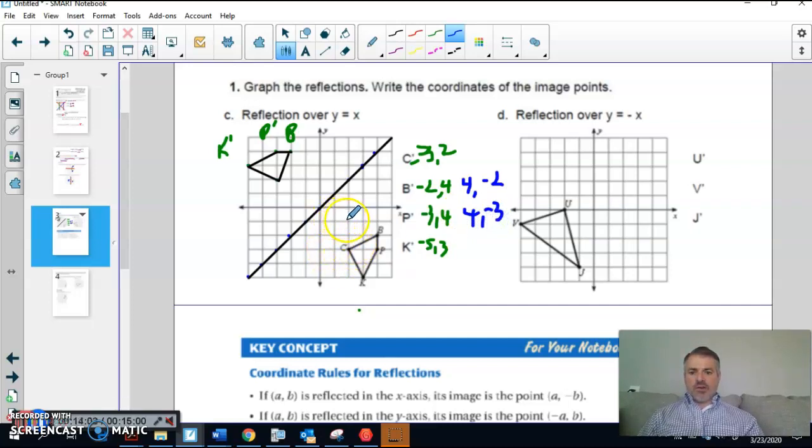C is at -2, +2, -3... whoops. C is at +2, -3.